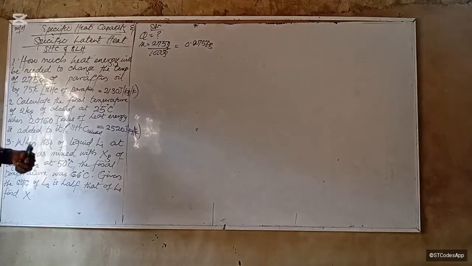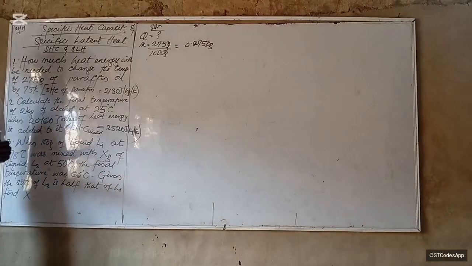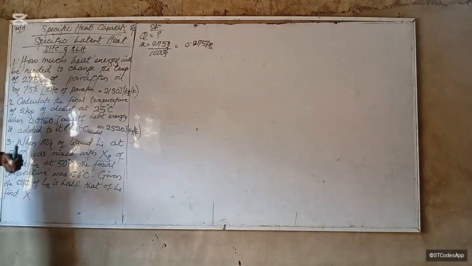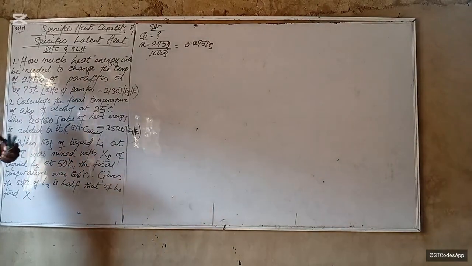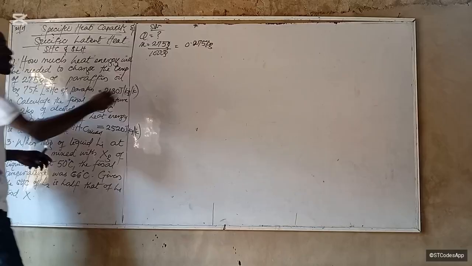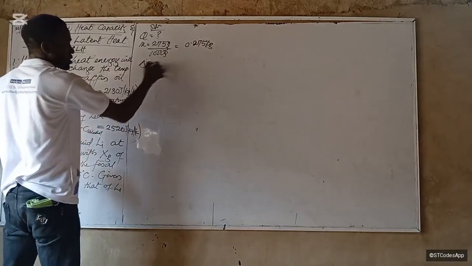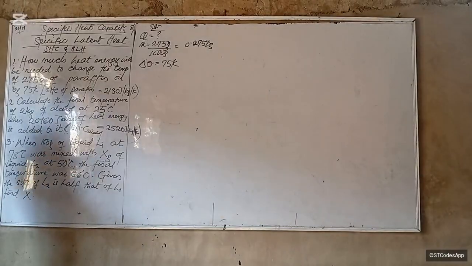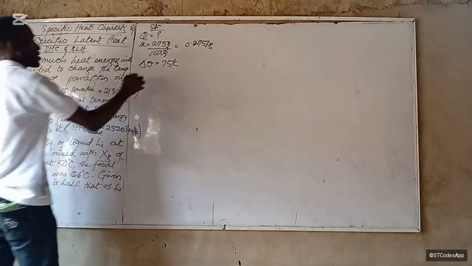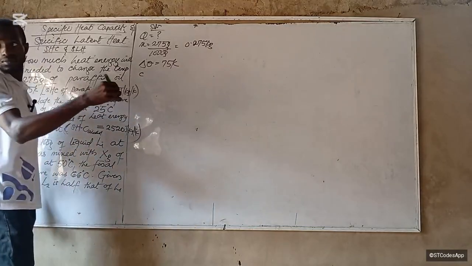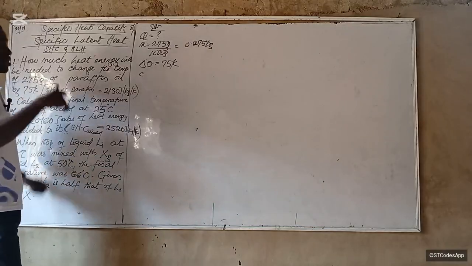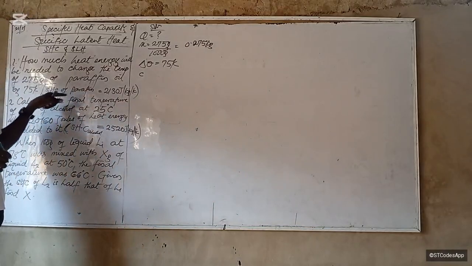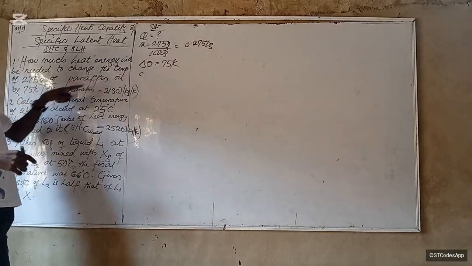It's not to change it to 75 from this. By means the rise in temperature, or change in temperature. So you have change in temperature, delta theta, equal to 75 Kelvin. You don't need to convert to degrees Celsius here. All right. The SHC of paraffin, that's small c. That's what we use to represent SHC, the specific heat capacity of paraffin.